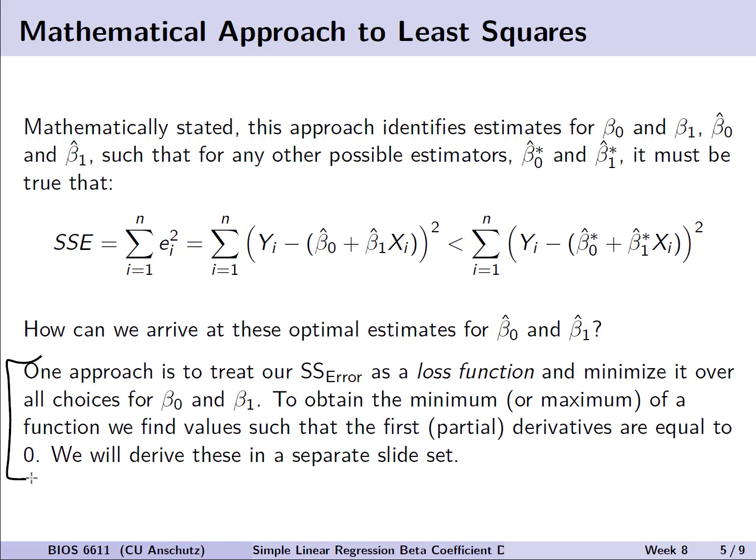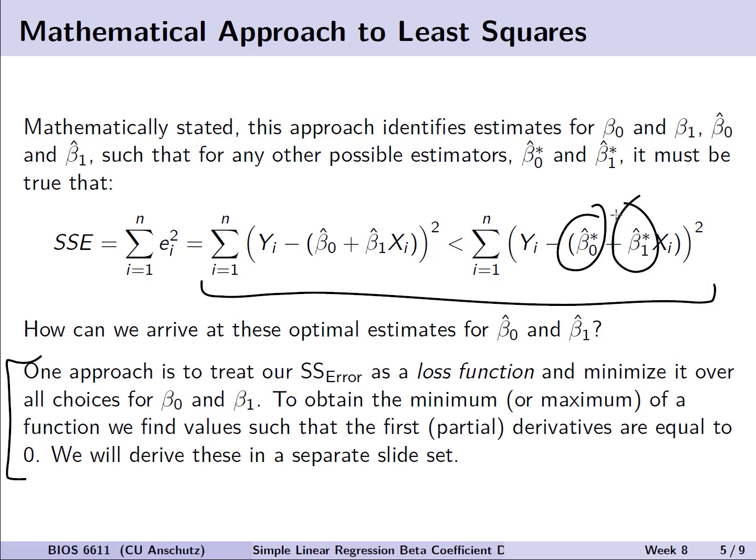But what we're doing here is going to be the equations that demonstrate the truth of this inequality stated above, that no matter what other estimates we might come up with for beta naught and beta 1, the ones over here with the hat and the star, they'll never be as efficient or as good as what we'll be deriving here for our ordinary least squares approach.